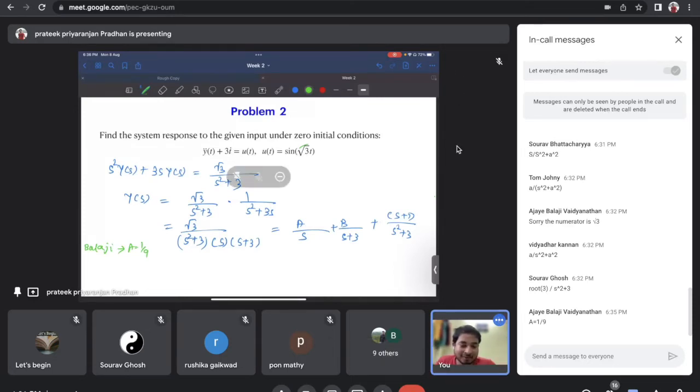Balaji, just recheck if you are not missing the root 3. Okay, just be careful. Today you are becoming a little bit rusty, because in the numerator it's not 1, it's root 3. So be careful and recheck your answer.